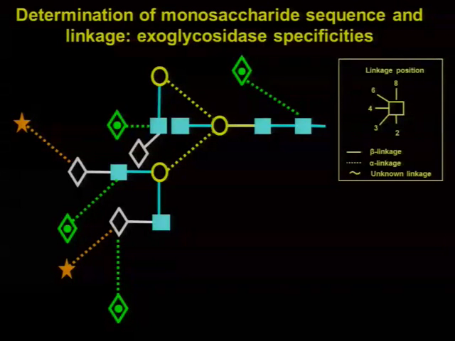So I just want to talk a few minutes about enzymes because these are really, really powerful tools. These enzymes are exoglycosidases. That means they will only take terminal sugar residues. And they are specific for particular monosaccharides bound in particular linkages.